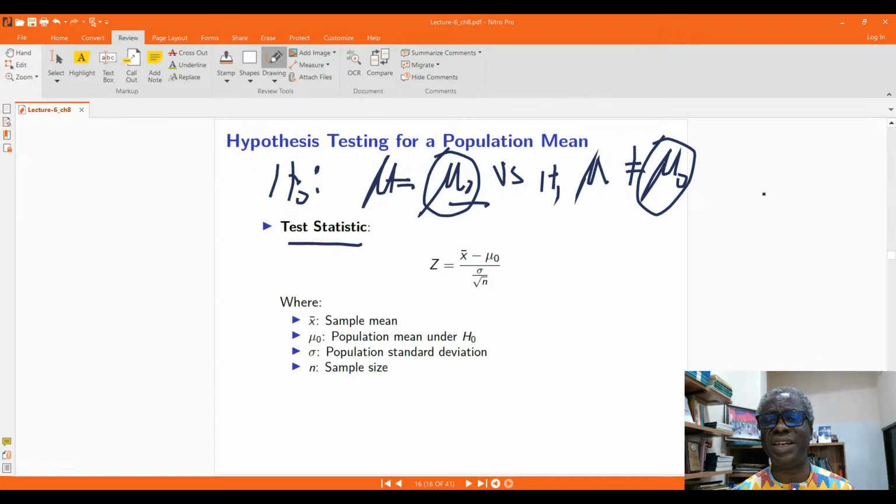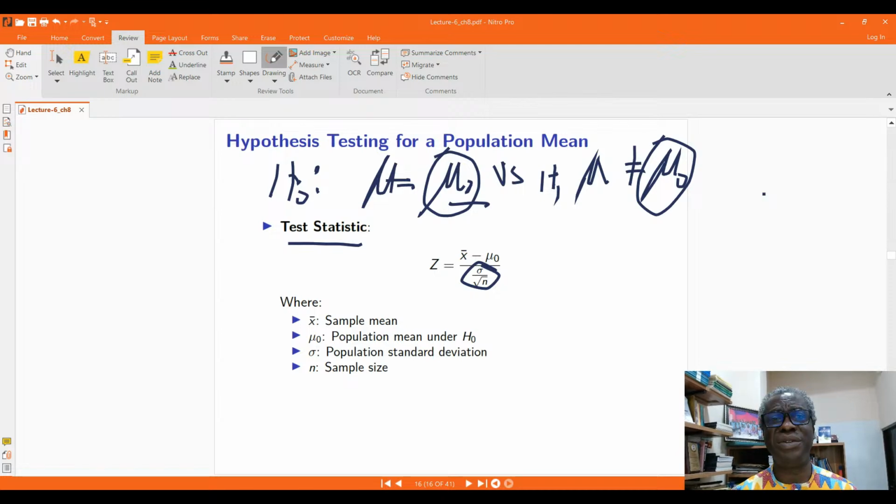And then the denominator, if you recall, represents the standard error of the mean.